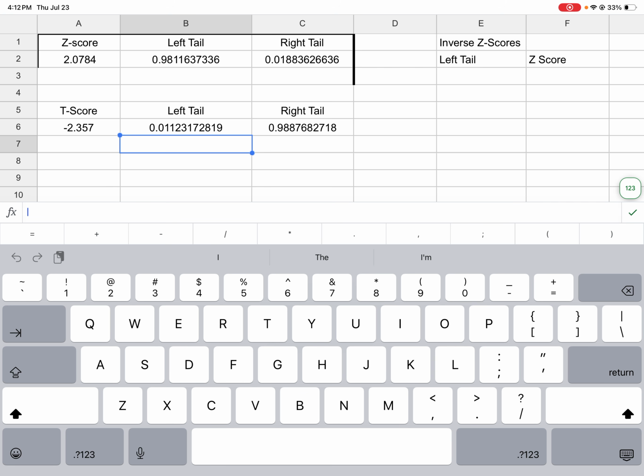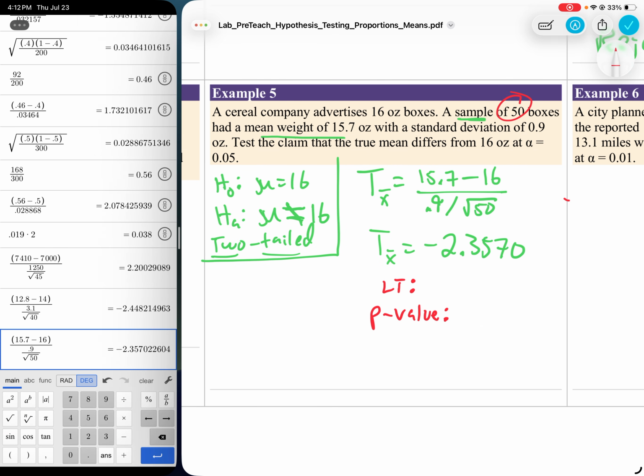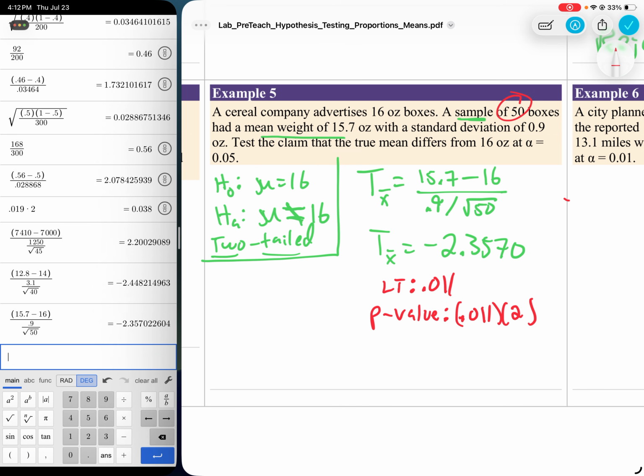And as I said, since I have a negative test statistic, I'm going to grab the left tail, 0.011. And I'm going to multiply the left tail times 2 in order to get my actual p-value that we need to use. So I'm actually going to use a p-value of 0.022.